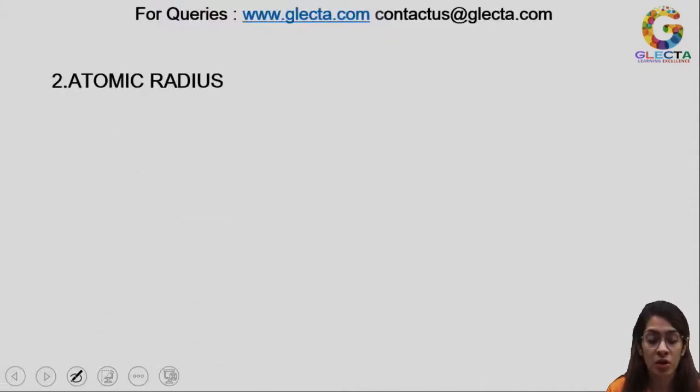Then the second is the atomic radius. The atomic radius of an element is a measure of the size of its atoms.